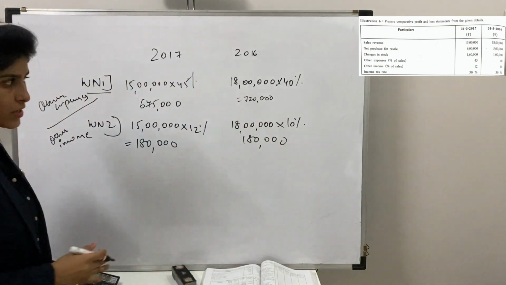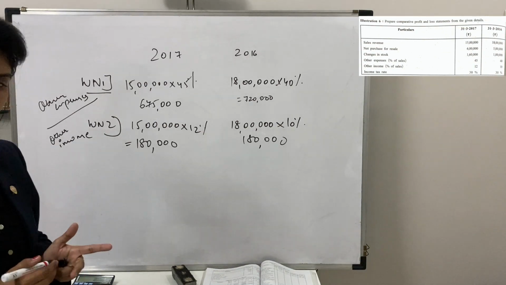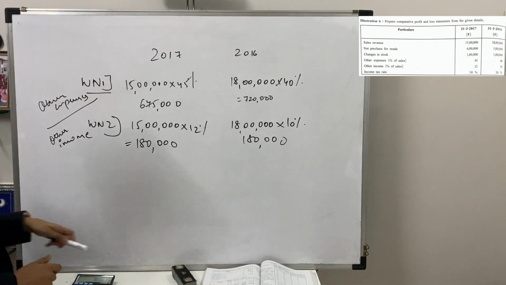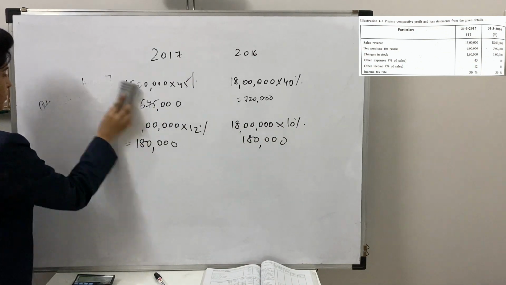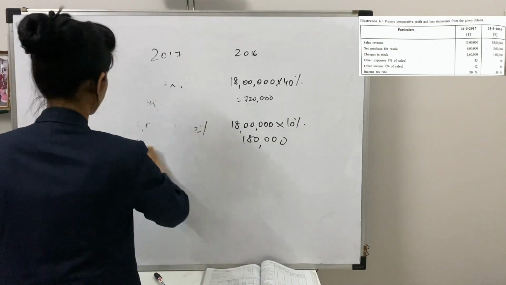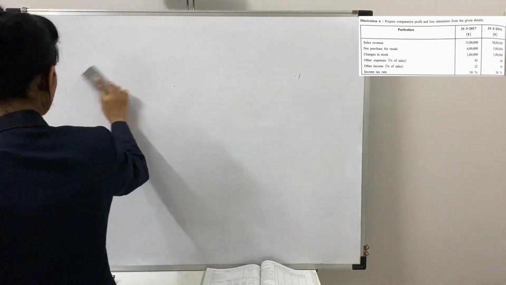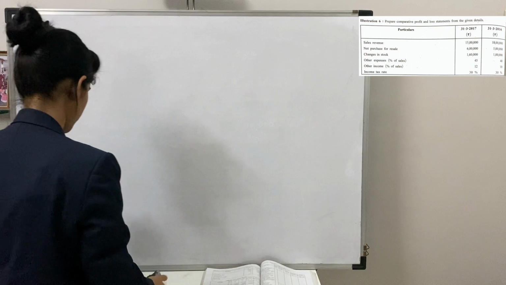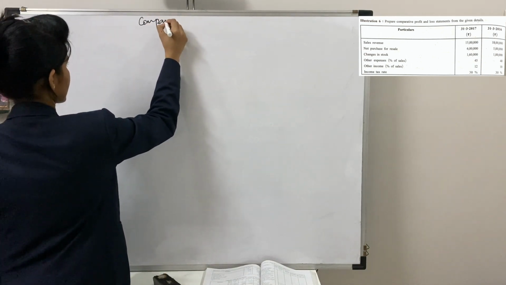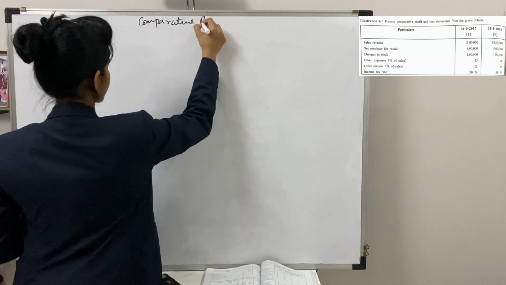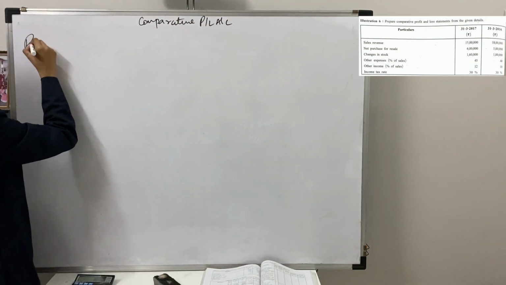Now remember this working note for other expenses and other income, then we'll solve the sum and use these working notes. Now coming to the solution, we'll prepare a comparative P&L account looking to the question being asked. Heading is your comparative P&L account. Next thing is your particulars.